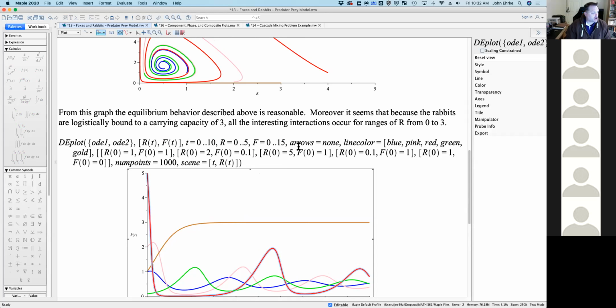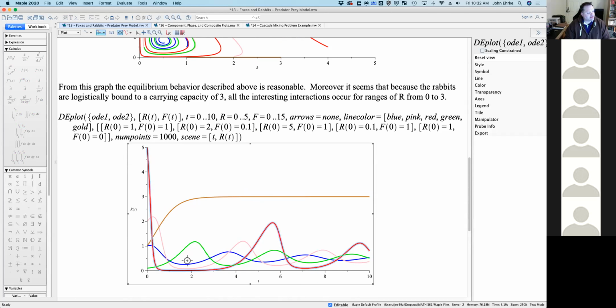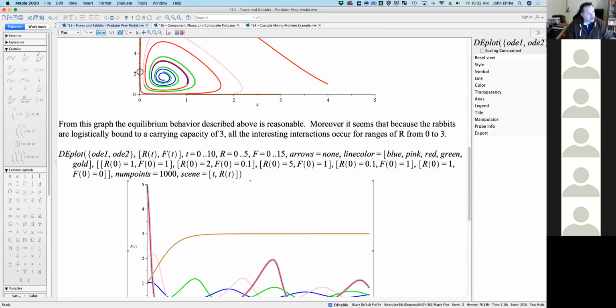It's kind of a large F value there, and so that's cratering the rabbit population initially, but it recovers just a little bit and it starts to settle into this cycle. Notice that all of these have some sort of periodicity to them, even though the amplitudes of the waves are decreasing. This periodicity is what's creating the spirals in this plane.